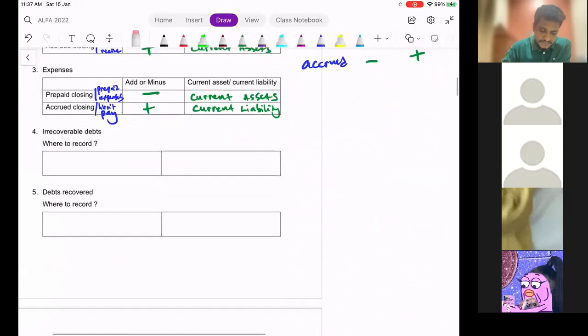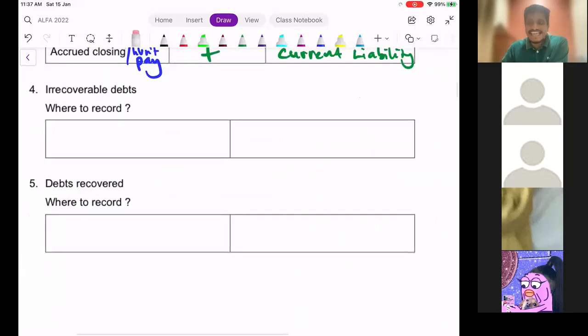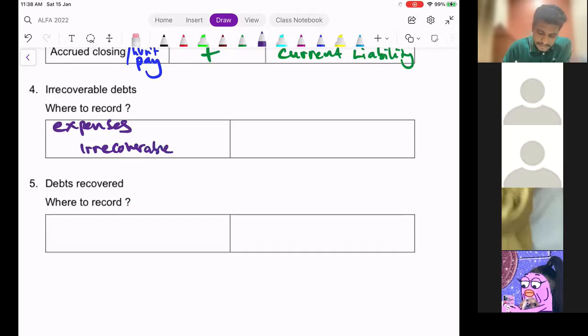Okay, so whenever there is an irrecoverable debt, anywhere you see it, and they ask you to record the irrecoverable debt, what you need to do is go to the expenses. In the income statement, other expenses, you need to record it as irrecoverable debts.